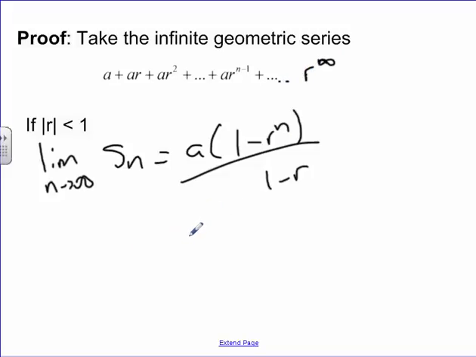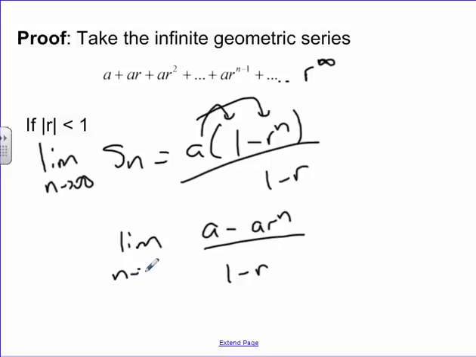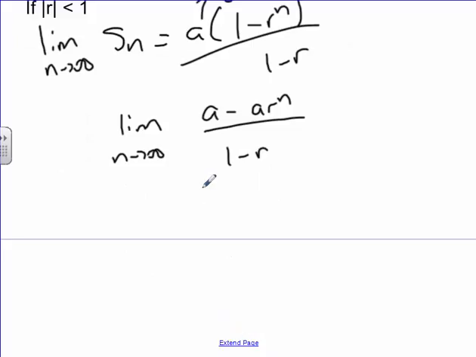First I'm going to do a little bit of distributive law. I'm going to do a minus ar to the n, over 1 minus r. I'm going to distribute out the a, right? I'm going to FOIL it across both of these. Then I'm going to apply my limit symbols to everybody.